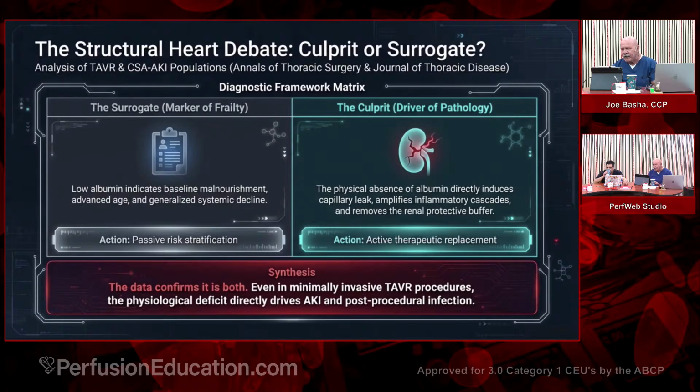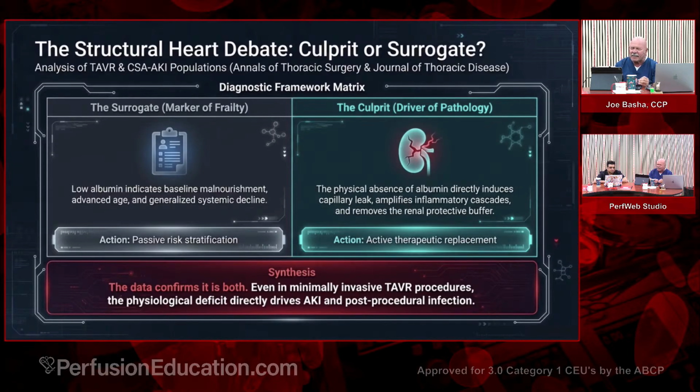So low albumin indicates baseline malnourishment, advanced age, and generalized systemic decline, but it can also be due to phlebotomization from laboratory analyses, and replacement with just clear fluid and not enough time for the liver to produce sufficient albumin to get that level up.